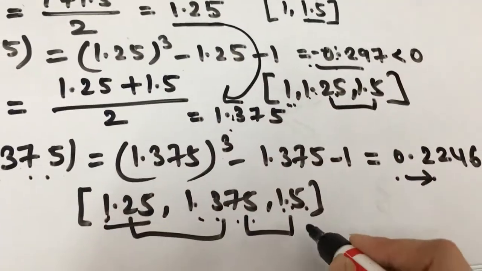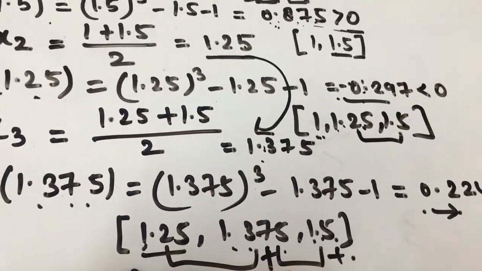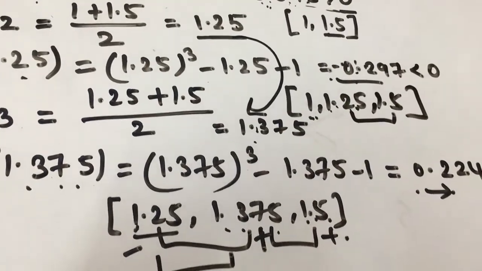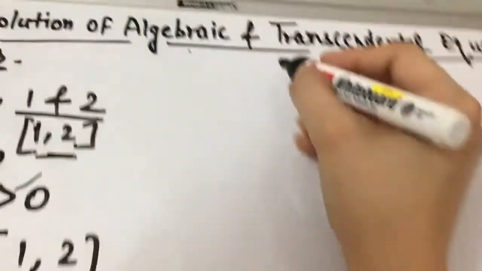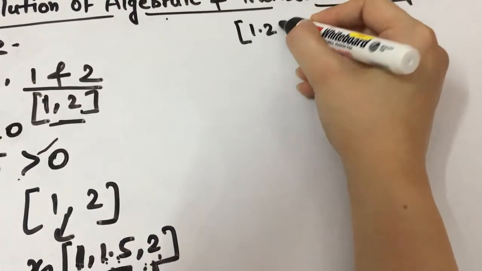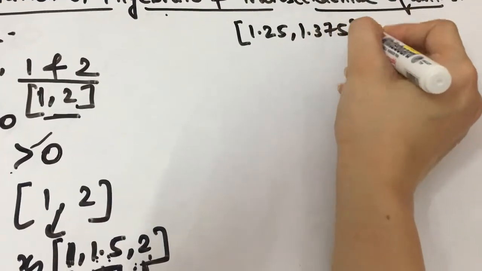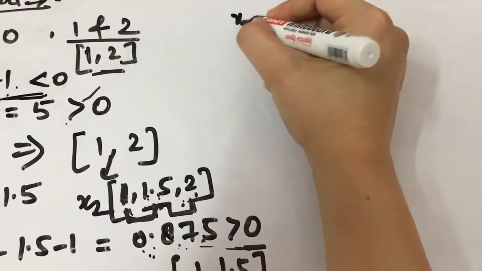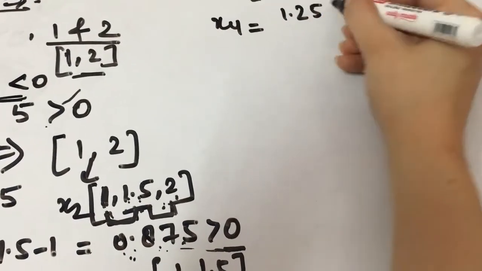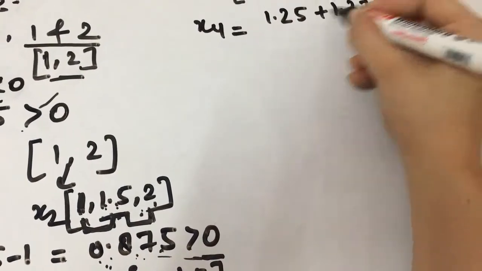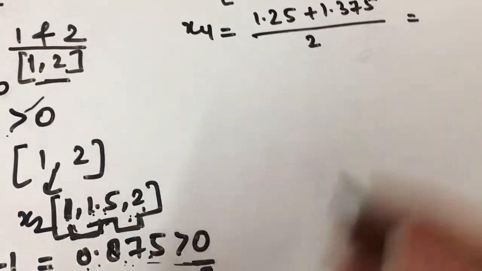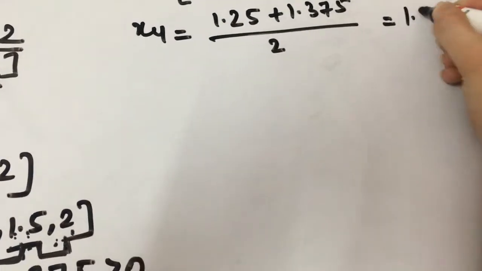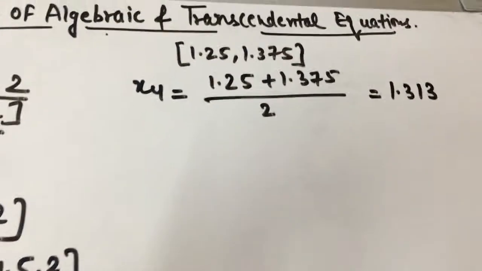So positive and negative. Clear? So my root will lie in the interval 1.25 and 1.375. Okay, so my fourth approximated root will be (1.25 plus 1.375) by 2. After solving this, my value will be 1.313. Clear?